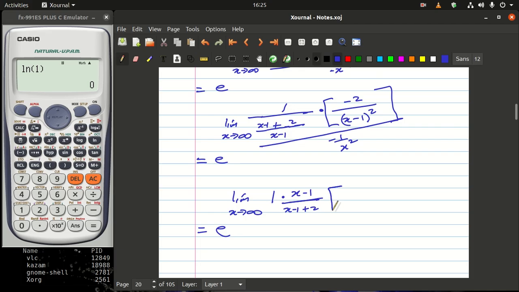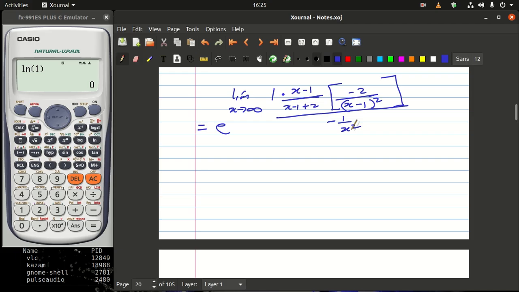And then this one, I'm still going to keep it as minus 2 divided by (x minus 1) squared. And then I still have this big denominator, which is minus 1 over x squared. And then now what I'm going to do, I'm going to change this one to e raised to the limit as x approaches infinity. And then, of course, 1 times anything is still that one thing.